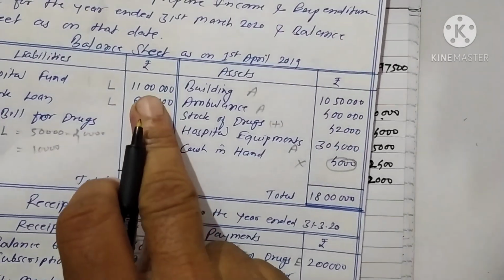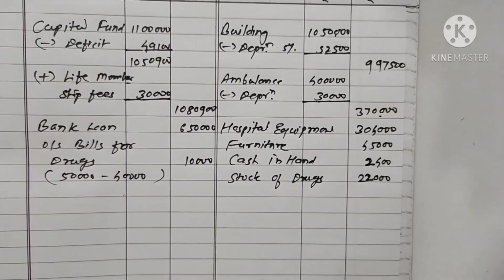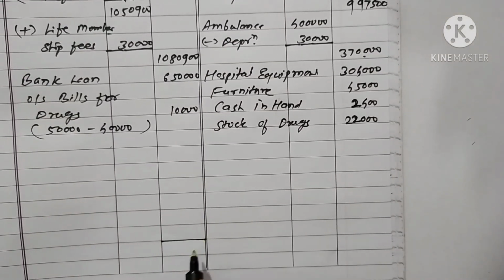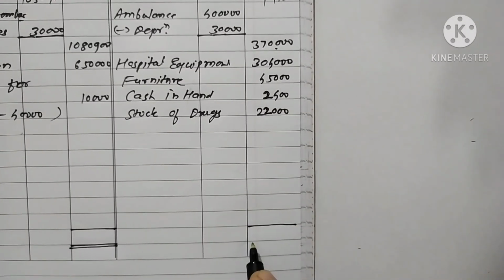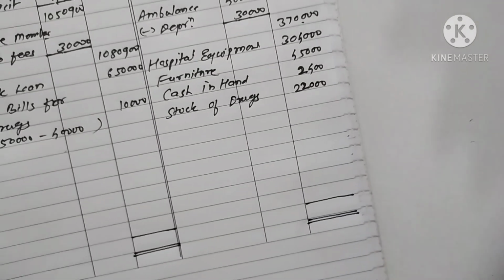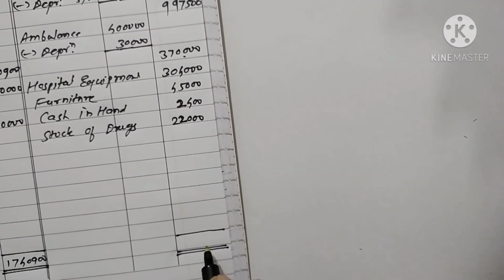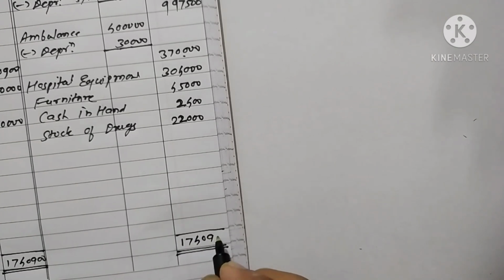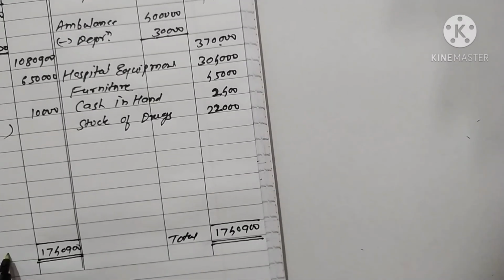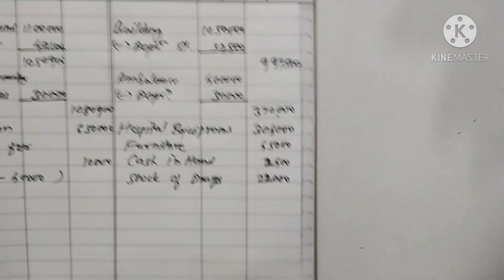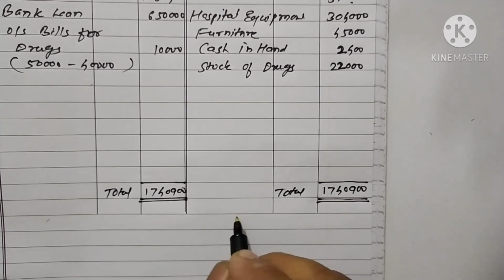Okay, now see once again. The thing is, we go to close the balance sheet. Total rupees 70 lakh 40,900. We write here, total. This is the answer. Now you go to close the answer sheet.